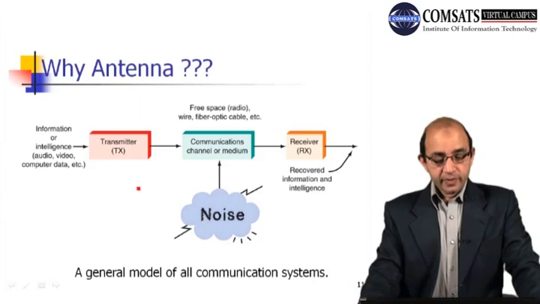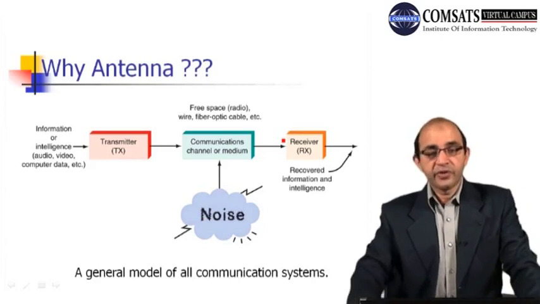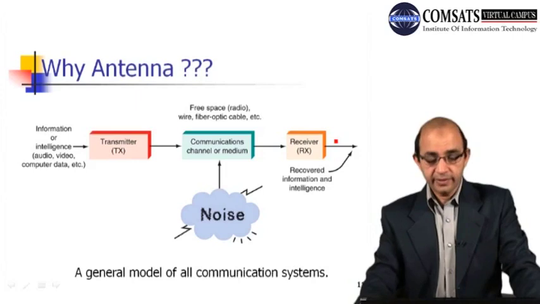The first object that we are facing when we talk about the receiver, right? At the receiver we have to receive the data in the form of signals, and those signals are transmitted using one of the media: free space, wire, fiber optics, and cable.